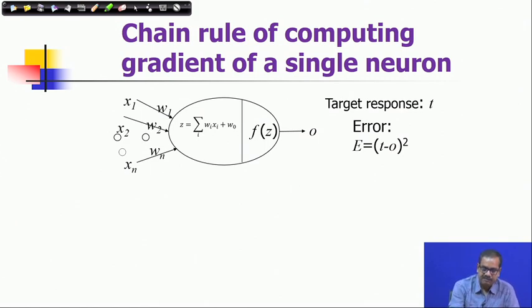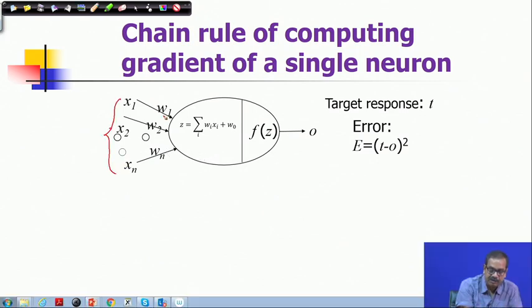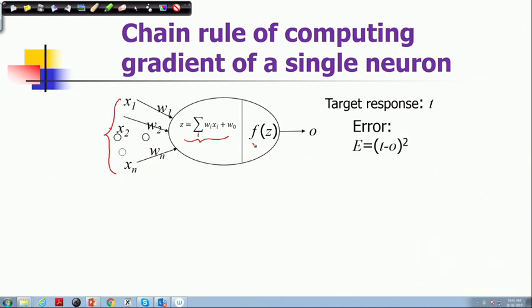Say this is the corresponding functional description. This is the input here, and you have corresponding weights. This is the net input after considering the weighted combination and then adding the bias term. This becomes an input to a nonlinear function f, and then it produces output O.